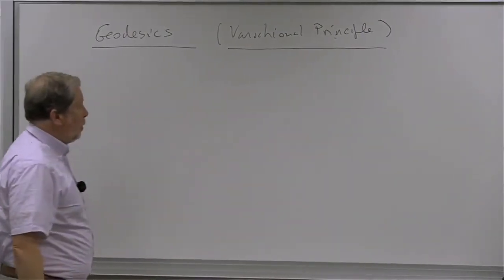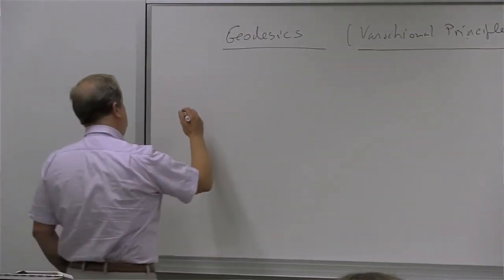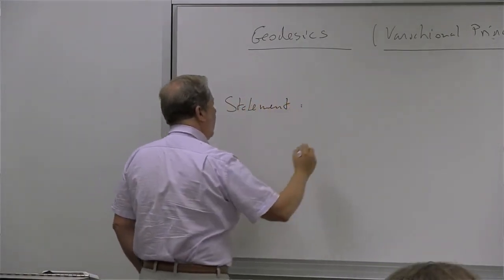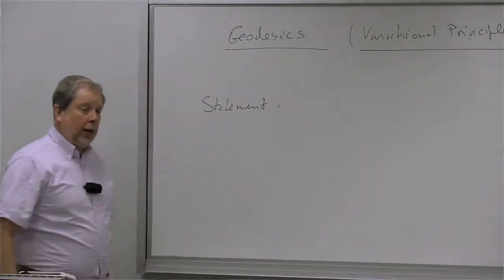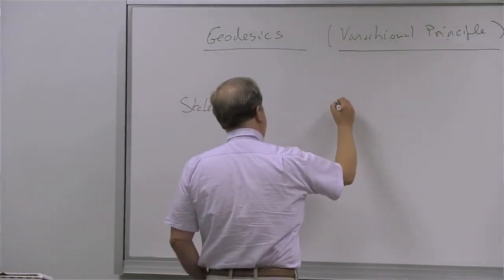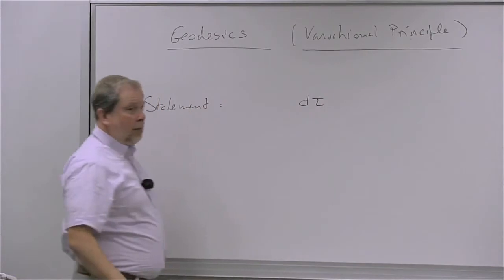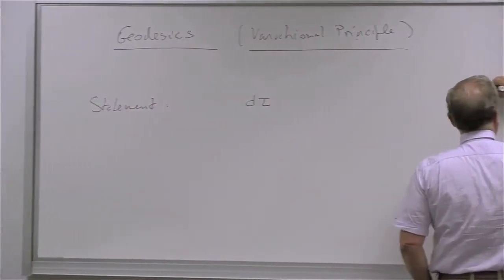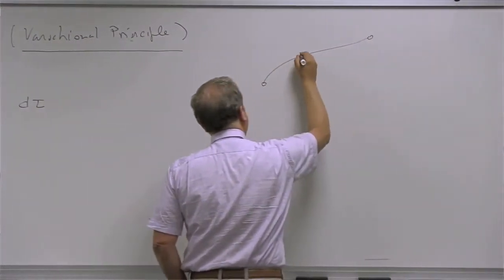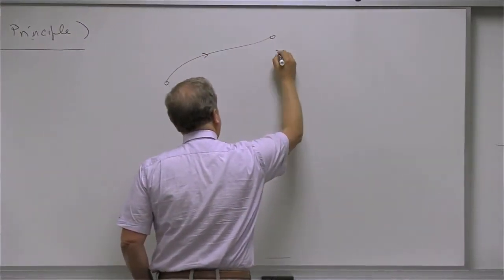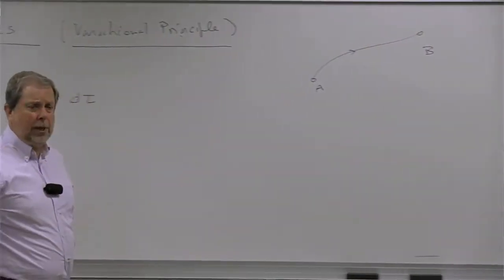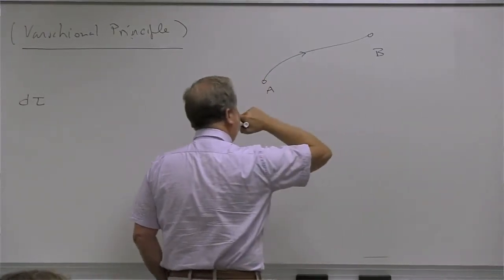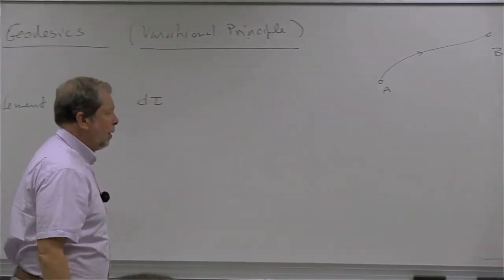So this variational principle is quite interesting, namely the statement, right, is that you will get a geodesic if you do the following. You consider the proper time interval, right, and that is for a path which is going to go from point A to point B, and which will have some proper time associated with it.